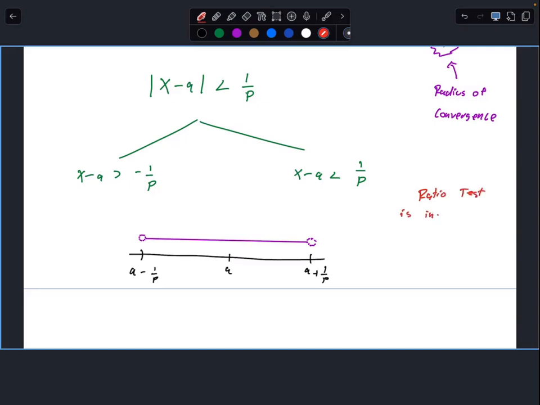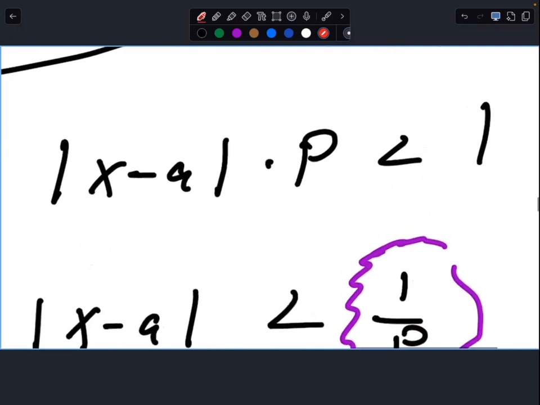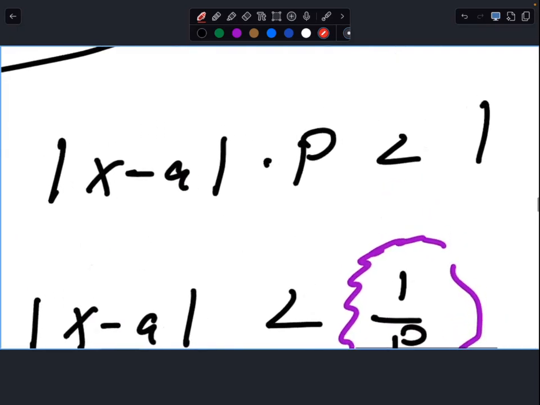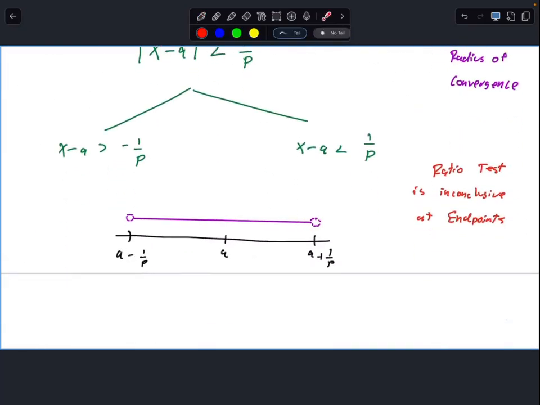Now, the reason why I'm using dashes in here is because, as we must remember, the ratio test is inconclusive at the endpoints, because it's not less than or equal to. So when the absolute value of x minus a times p is equal to 1, that's what's going to give me these endpoint solutions right here.